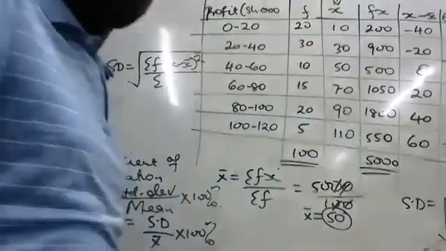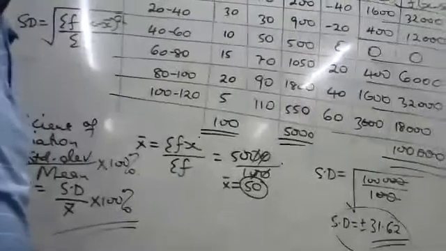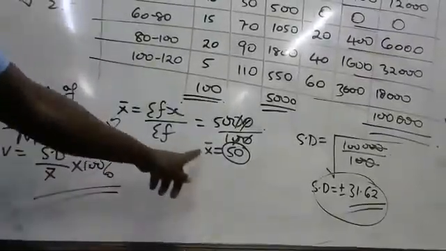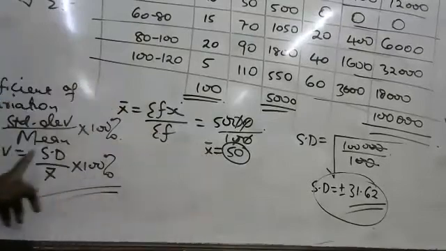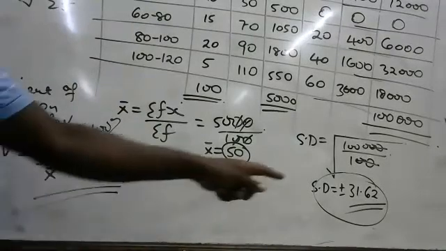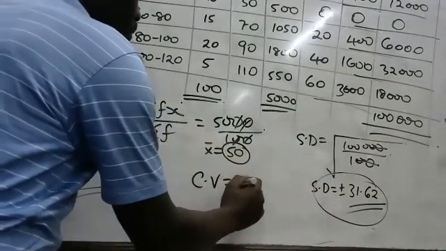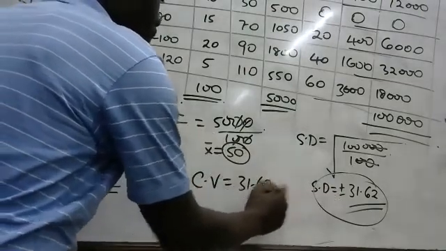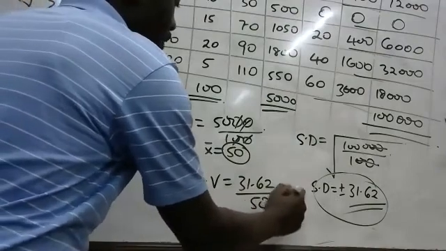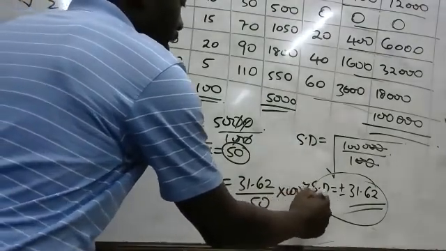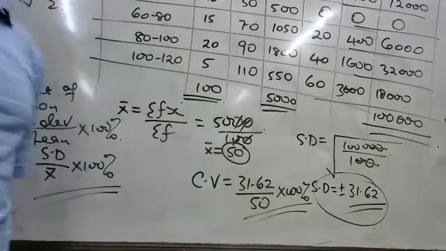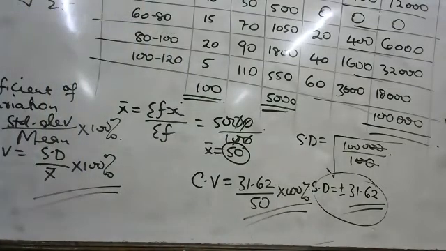So in this case, the coefficient of variation was supposed to be that 1.62 over 50. Then we multiply by 100%. Period. You get the coefficient of variation.